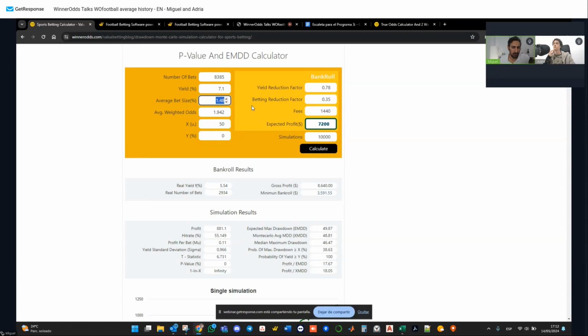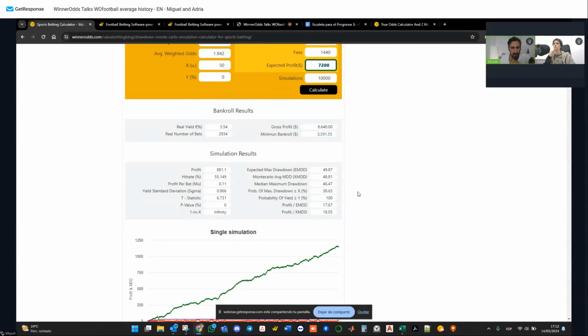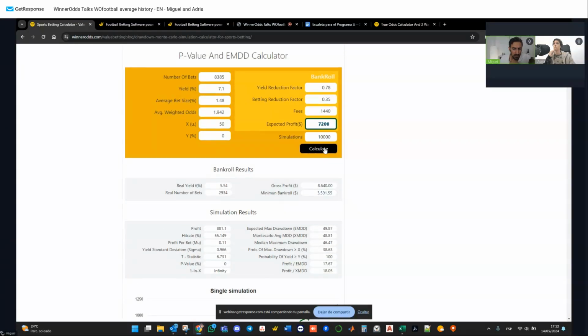So proportional to the bankroll, that is smaller on average on football. The average bet size is higher, but that is because the people now betting on football have lower bankrolls. So the average bet size is relatively a little bit higher. And well, this is a different situation, so you have to take this into account.